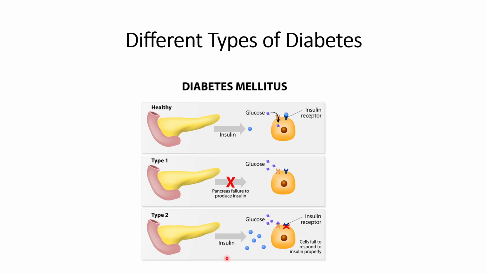So the pancreas will work normally, only the insulin receptor on the cell will get affected. So whenever the person has a meal and blood sugar level is high, the pancreas will release the insulin to take care of the high blood sugar level. However, the amount of insulin that has been released will not be able to function or give a proper signal, because the insulin receptor is not functioning properly.